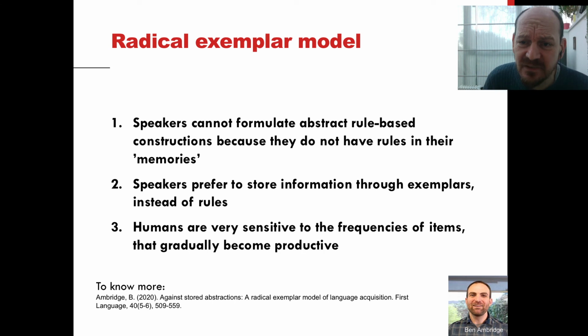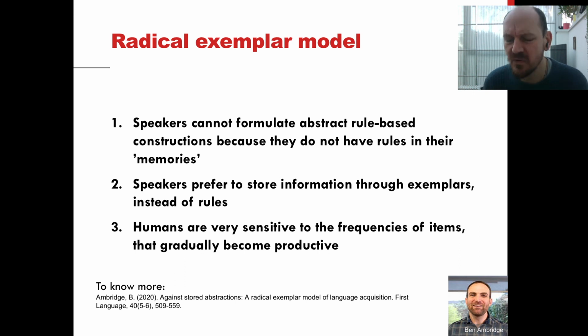Okay, the alternative theory that I am presenting here is what is called the radical exemplar model. And it's presented by Ben Ambridge. The idea is that speakers cannot formulate abstract rule-based constructions, so it's completely different. Basically because we adults do not have grammatical rules in our memory, so we don't store grammatical information.